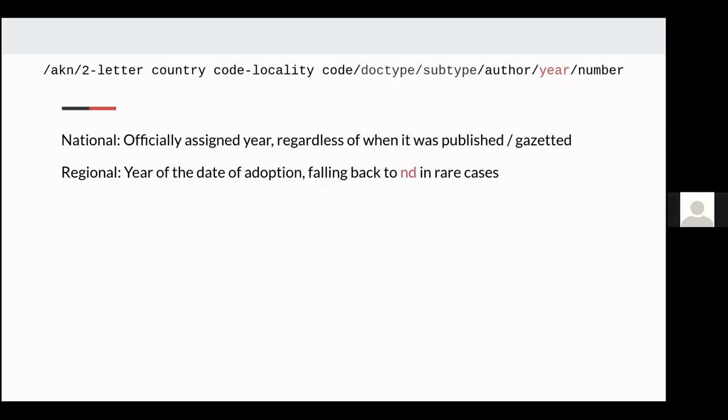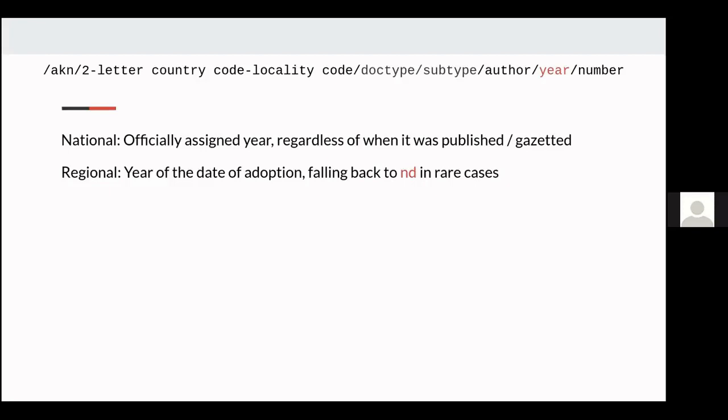For regional legislation, because it's not always gazetted, it's almost never gazetted, and it's sometimes officially published in some form or another, but not consistently enough for us to use those dates. We use the year of adoption instead, which every document has.